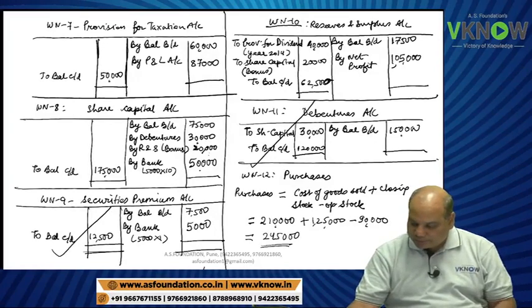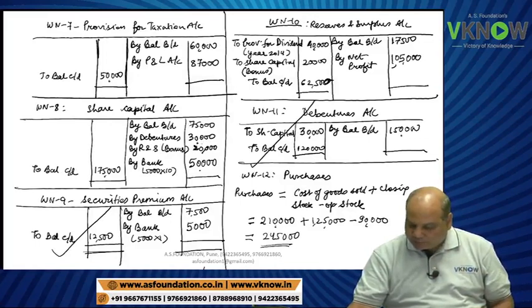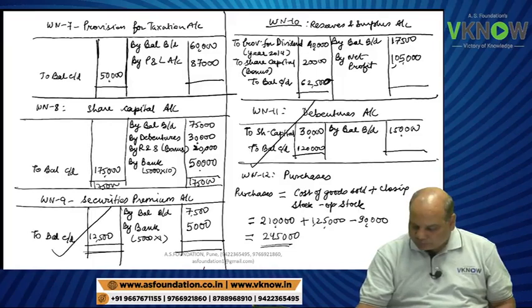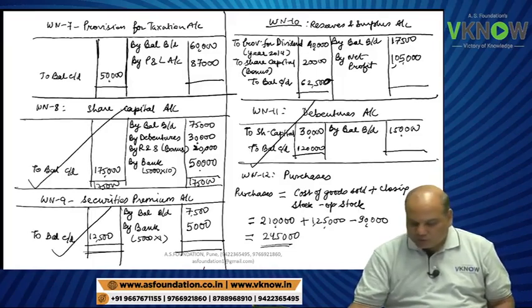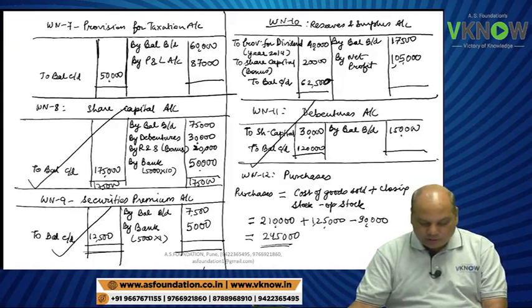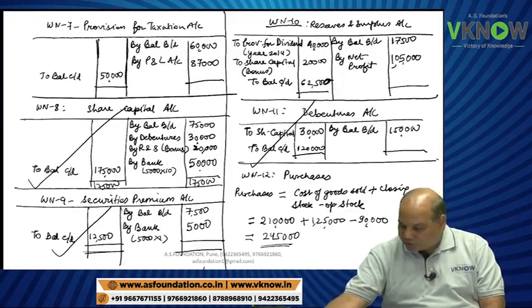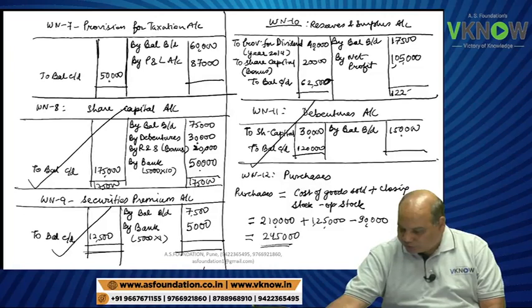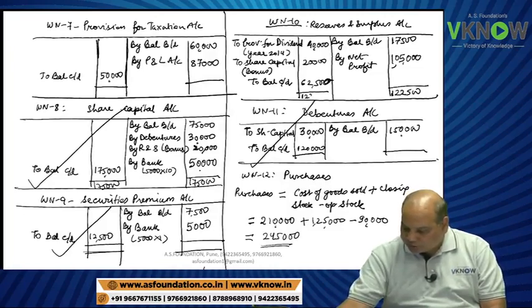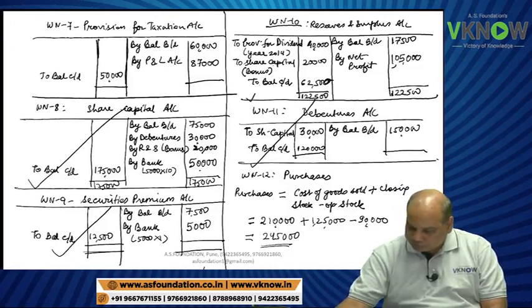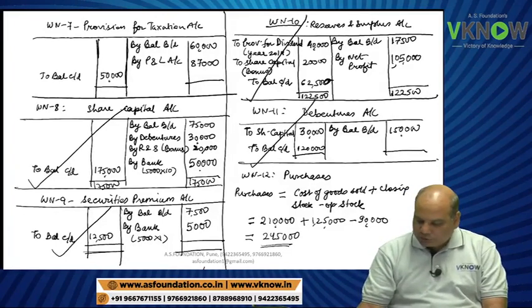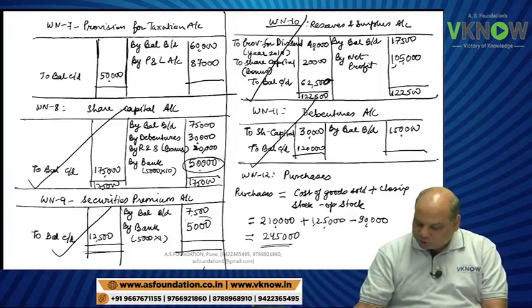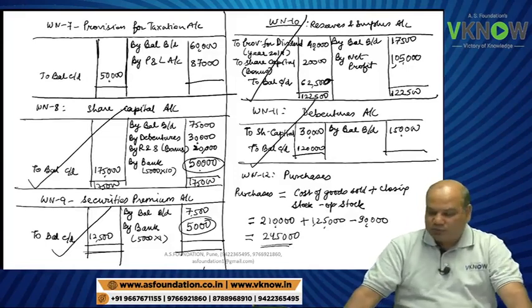Okay. And check whether share capital account is also tallying. This is also tallying. Check whether reserve and surplus is tallying. Reserve and surplus, this is 122,500 and this is also 122,500. This is also tallying. So I have to write the entry for issue of share 55,000.